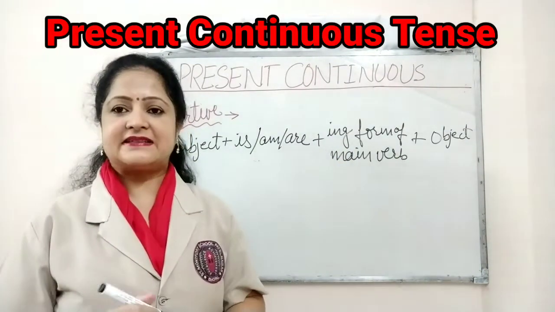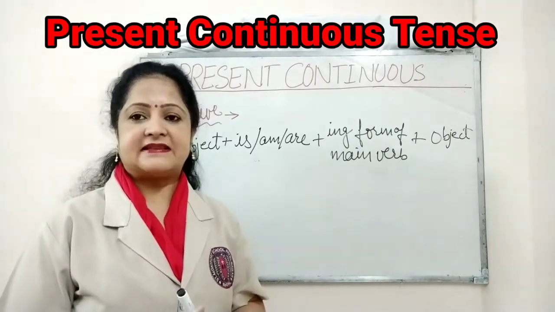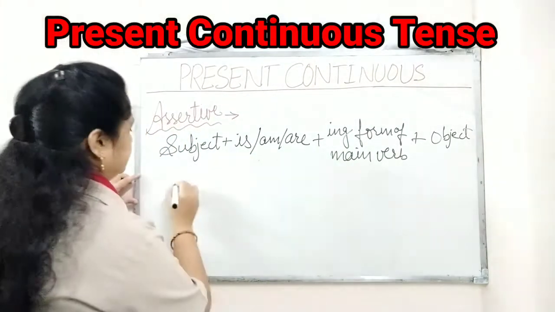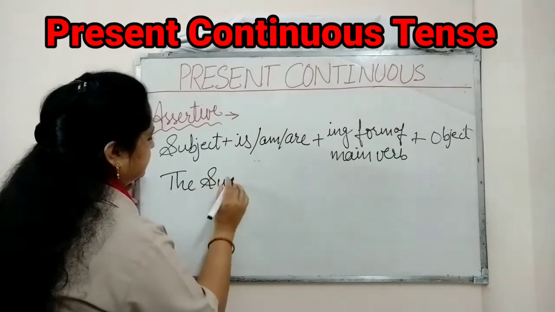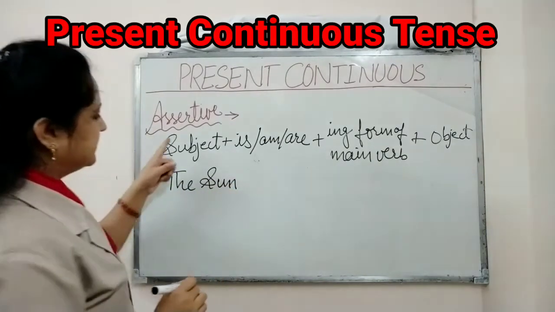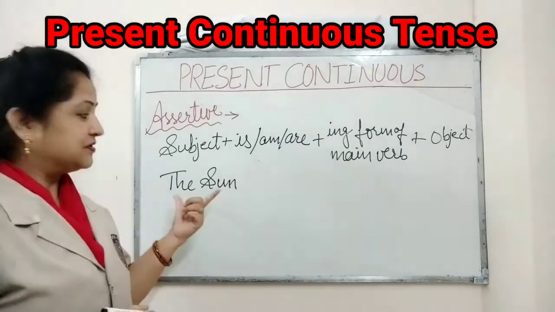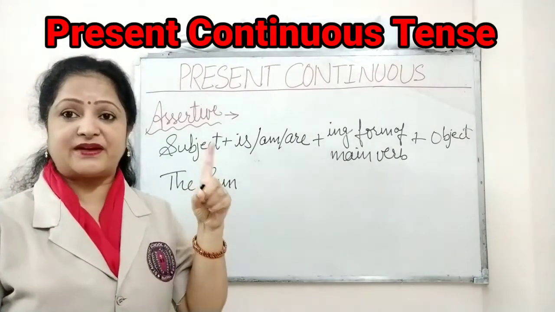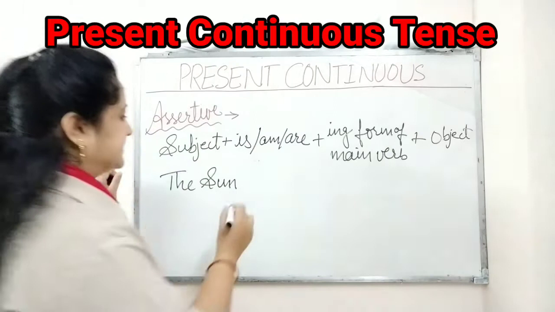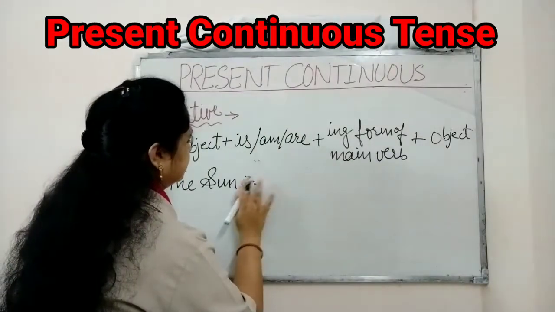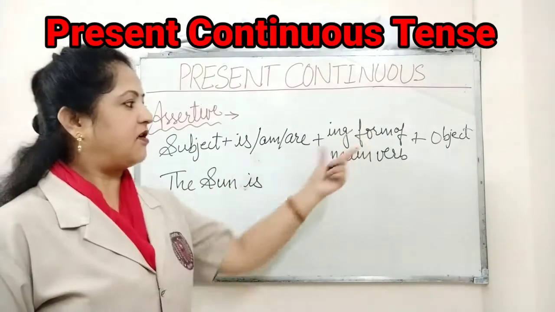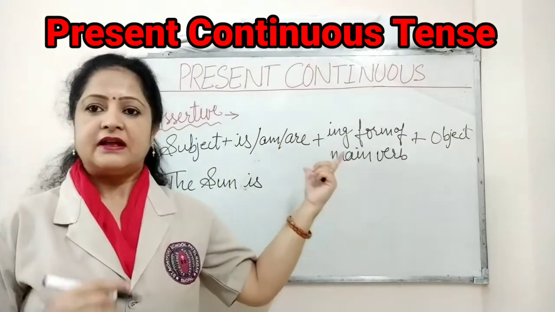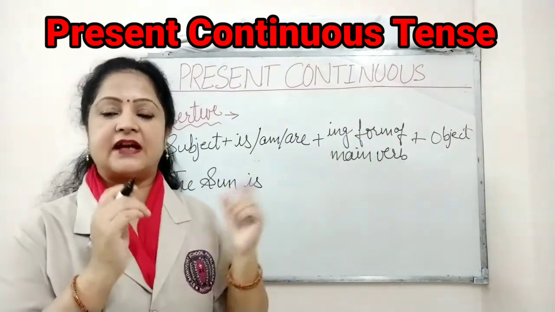Let's take one example here. The example is: the sun. Here the sun is our subject, and the sun is singular, so we write is. The sun is, then the ing form of the main verb. Let's take the main verb shine.